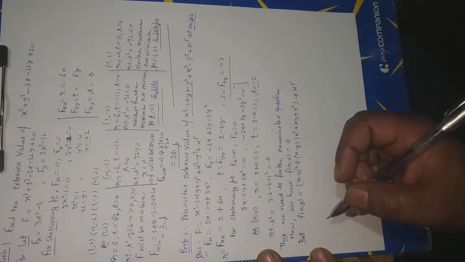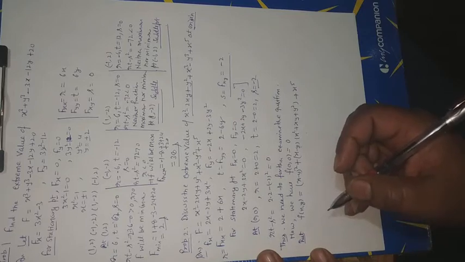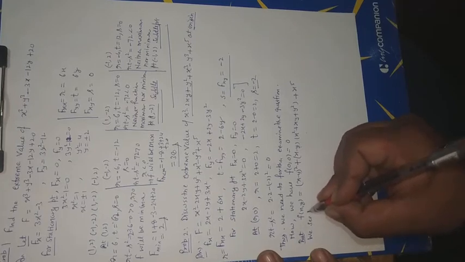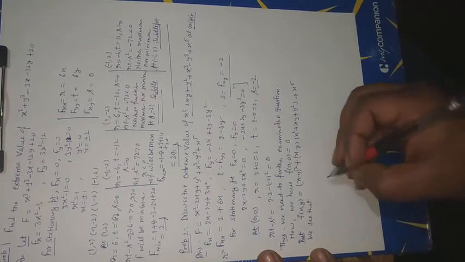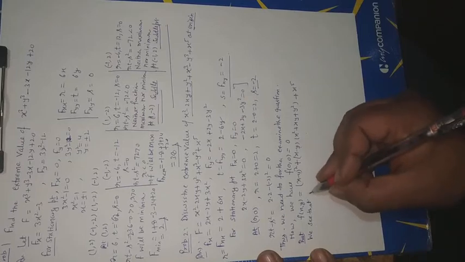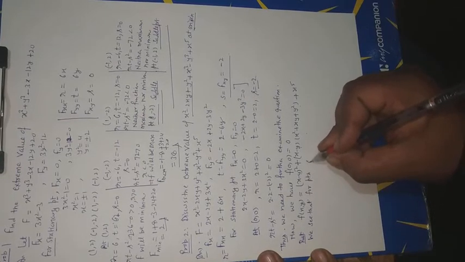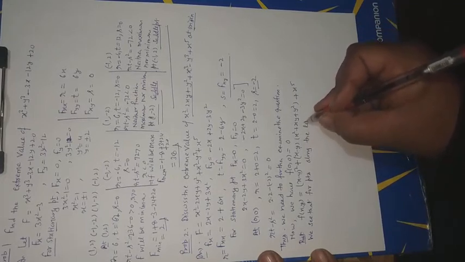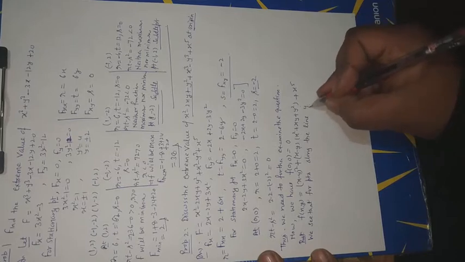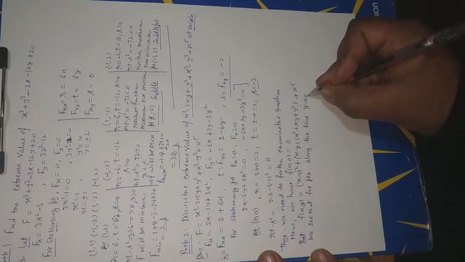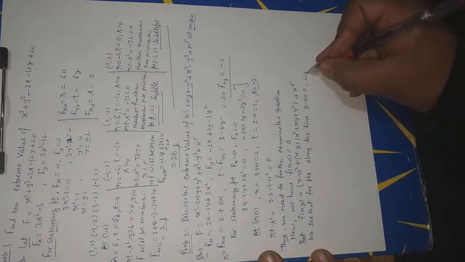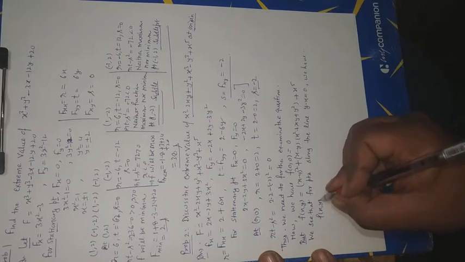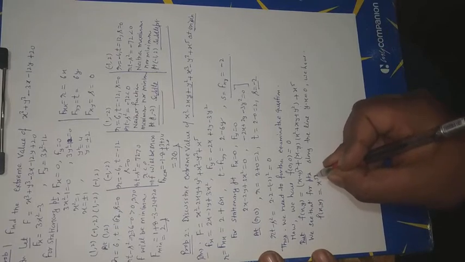We see that for points along the line y minus x, or x minus y, equal to 0, we have f(x, y) equal to x to the power 5 only.